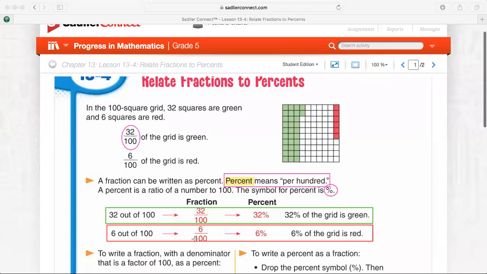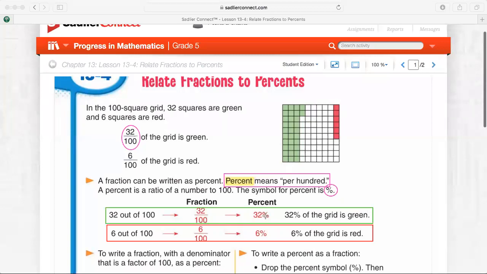So you know how you translate everything to what is required. If you are required to write the green parts as a fraction, it is easy. They are 32 from 100. I write in the numerator the number, and in the denominator the whole, all the squares in the grid.